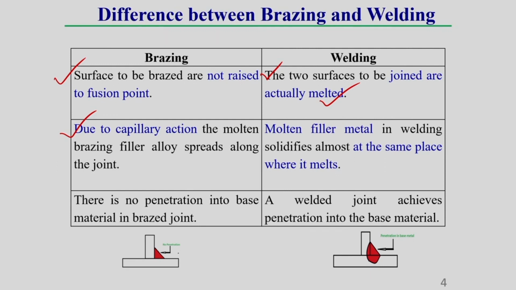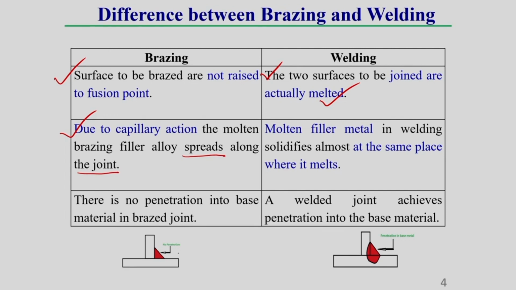Now, in case of brazing, generally due to capillary action, the molten brazing filler wire spreads along the joint. These things you should keep in mind.